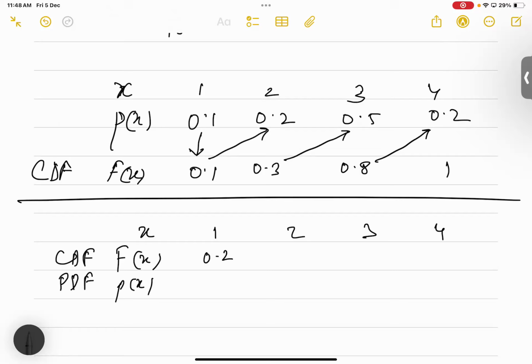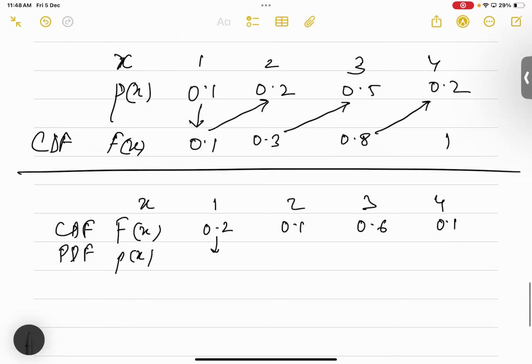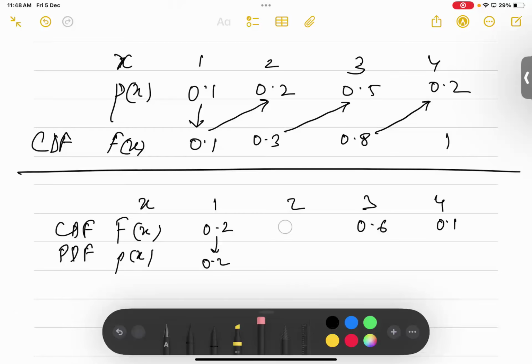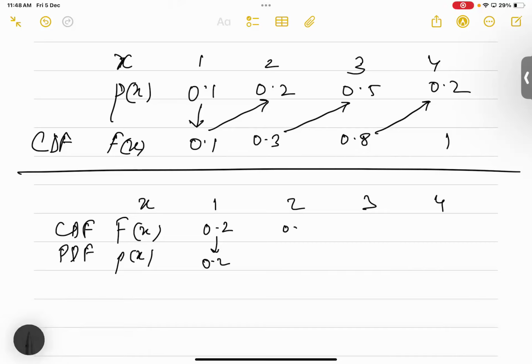Let's take some other example: 0.2, 0.1, 0.6, and 0.1. So first value will always remain like this. No, this cannot be the case, one second, I'll just reframe this. 0.5, 0.8, and this is 1.